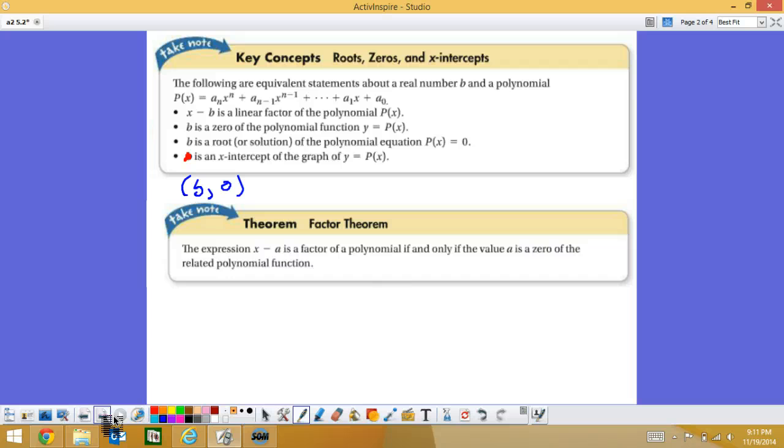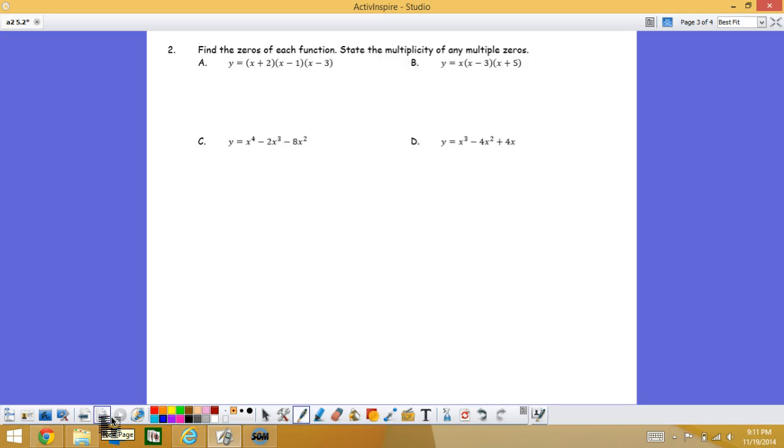And that means that the factored form can give us those things. So what we're going to do is find the zeros of these functions, and we'll talk a little bit about what multiplicity means.